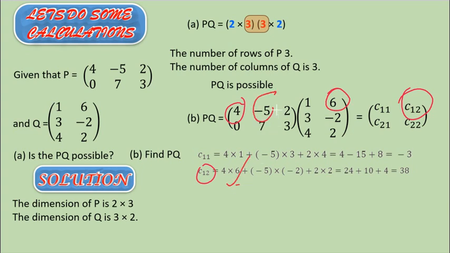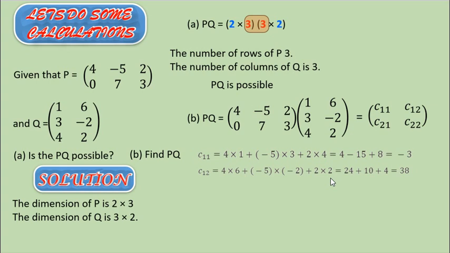Then minus 5 will multiply minus 2, giving us this. And then 7 will multiply 2, giving us that, to give us 24 plus 10 plus 4, giving us 38 as our answer. We're going to write that 38 in that position 1, 2.